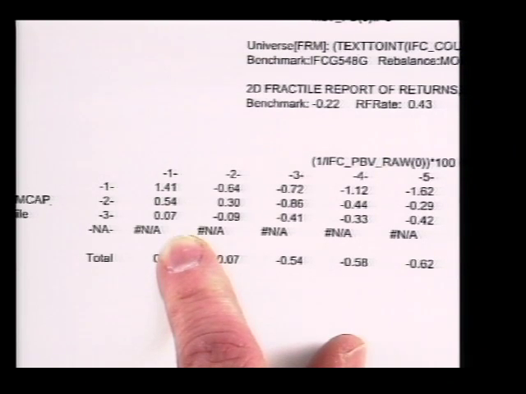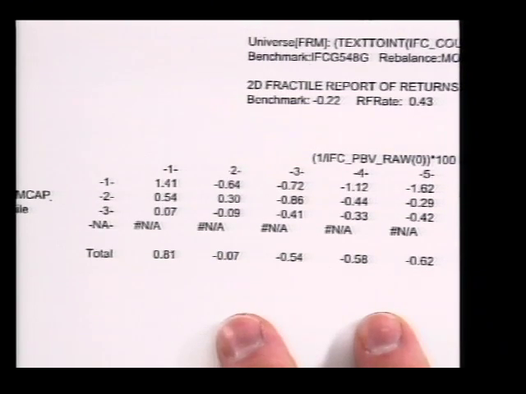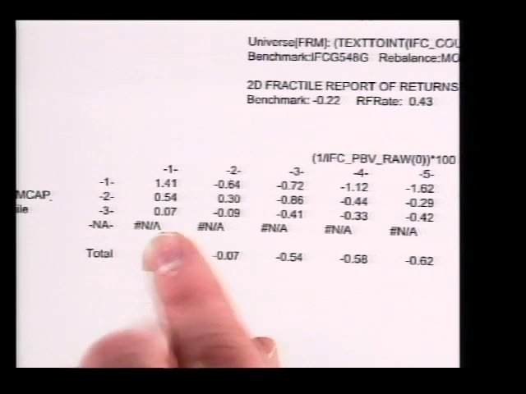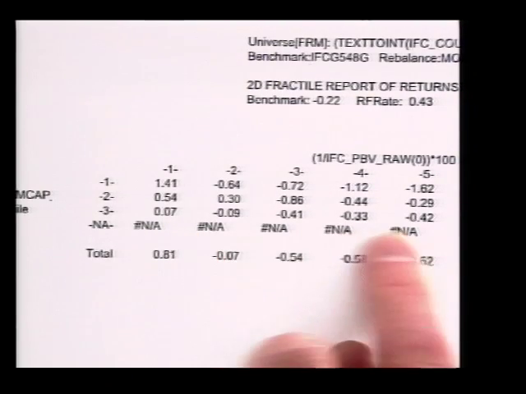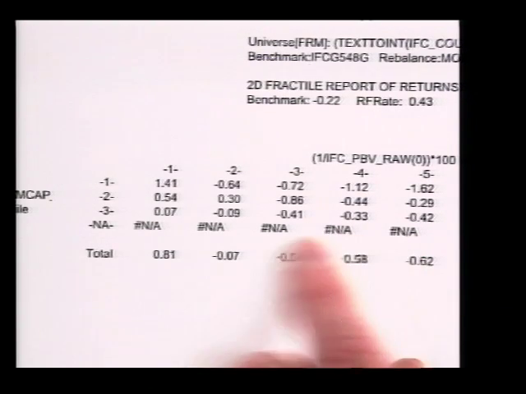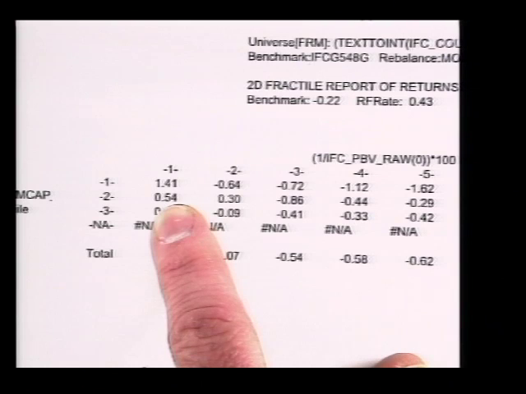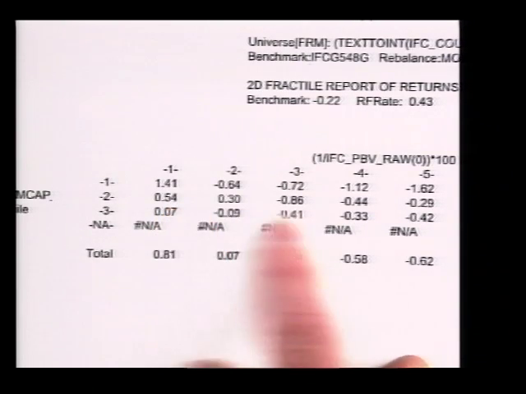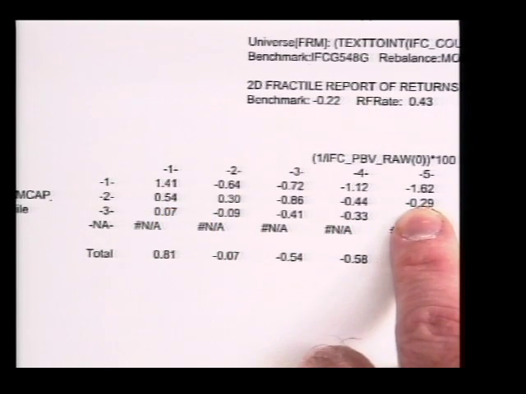Now notice the following. Look at the price to book performance for the large cap: the top portfolio is 0.07, the bottom portfolio minus 0.42. Now look at the price to book in the small cap. Small cap is 1.41, and the loser portfolio is minus 1.62.